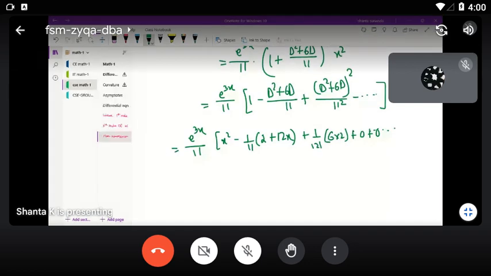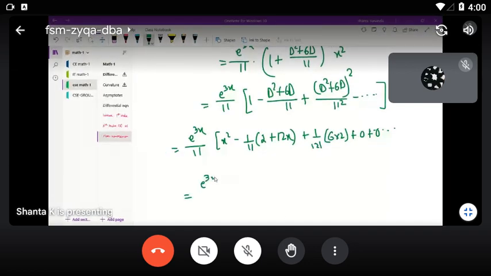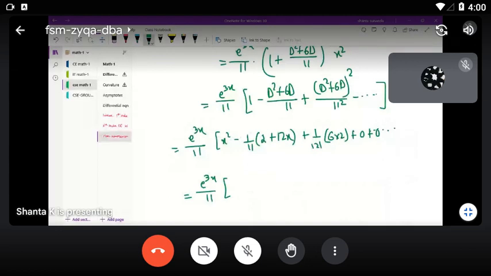Okay. So here, e power 3x by 11. So I have x square minus, so let me consider the x term, minus 12x by 11, then minus 2 by 11, plus here 6 into 2, it's 12 by 121.